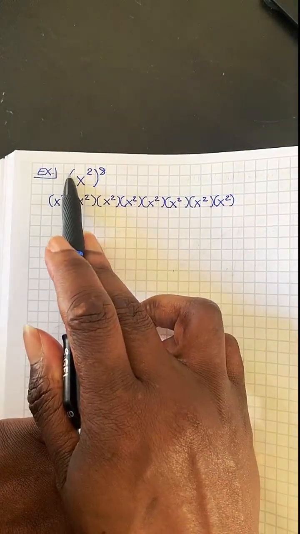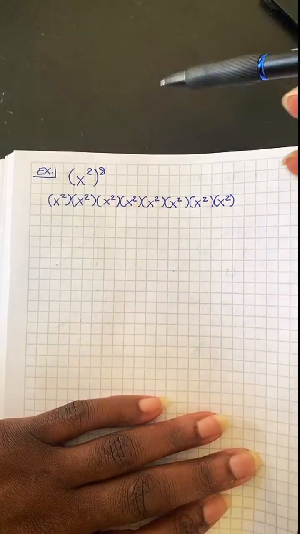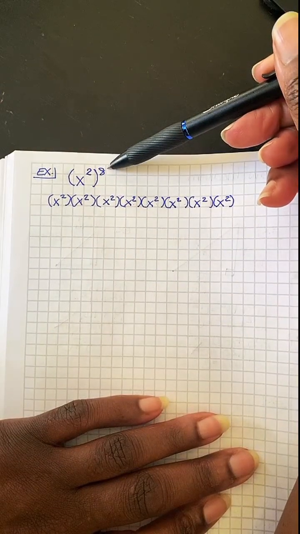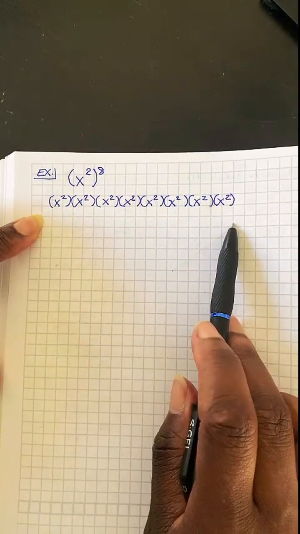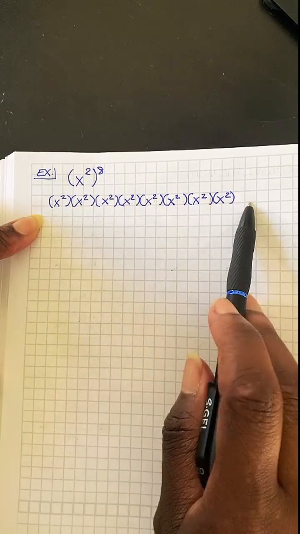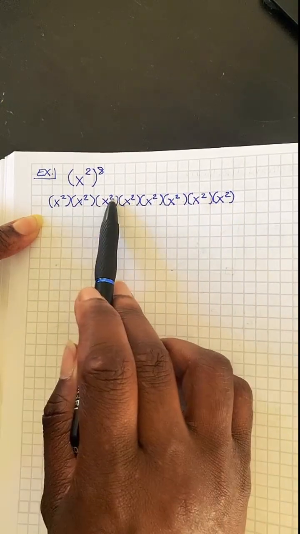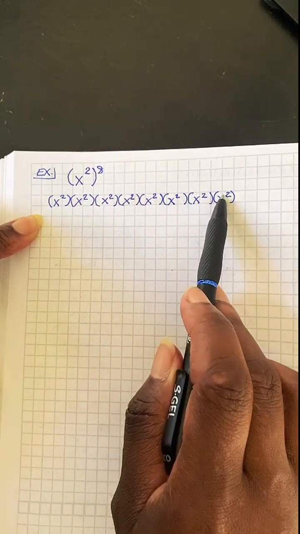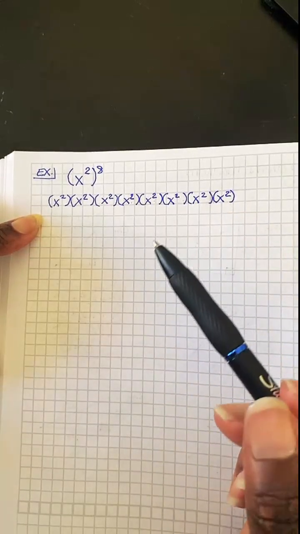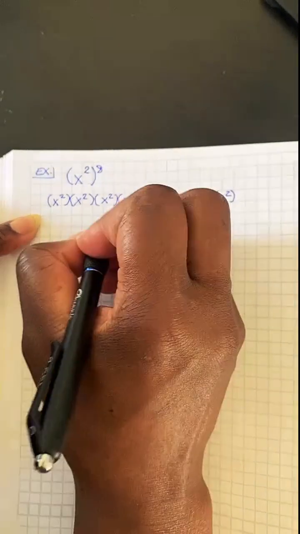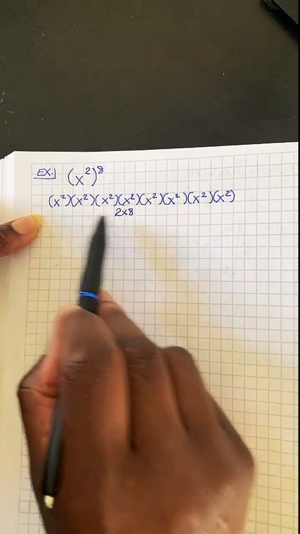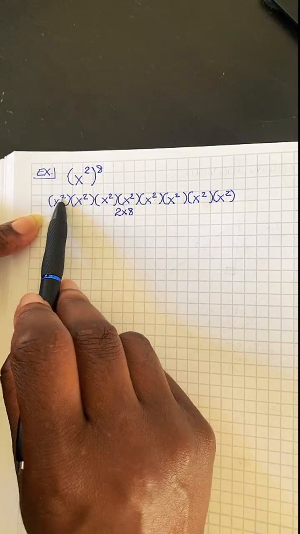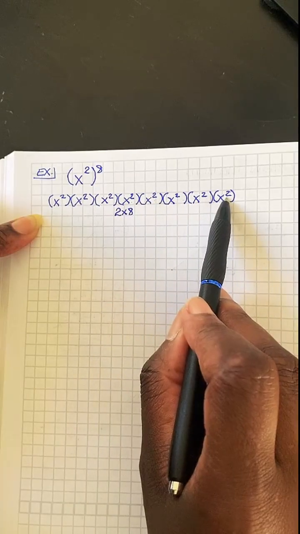So everything that's inside the parenthesis is multiplying itself 8 times. When we're multiplying, remember, we add our exponents. So you've got 2 plus 2 plus 2 plus 2 plus 2 plus 2 plus 2 plus 2, right? Or what we could say is it's really 2 times 8, because remember, multiplication is nothing but fast addition.